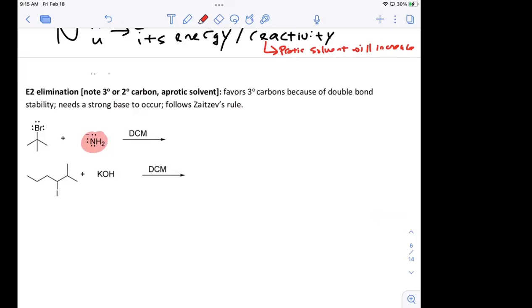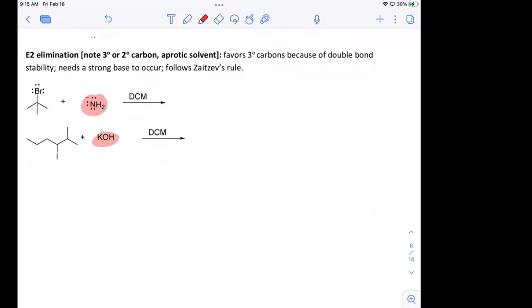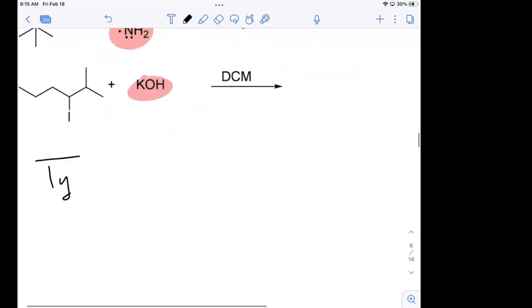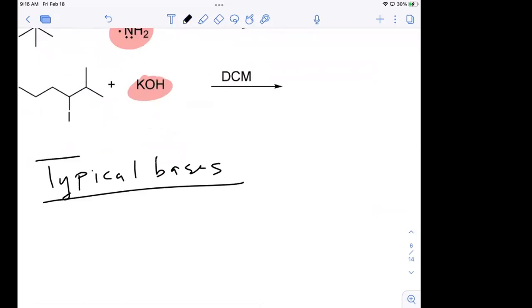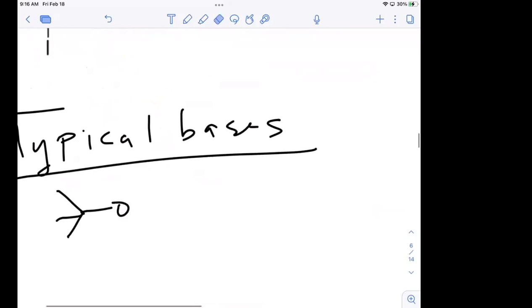So here you have NH2, and then here you have KOH. Normally, your typical bases for E2 elimination, obviously KOH, sodium amide, but you can also have something like potassium tert-butoxide.